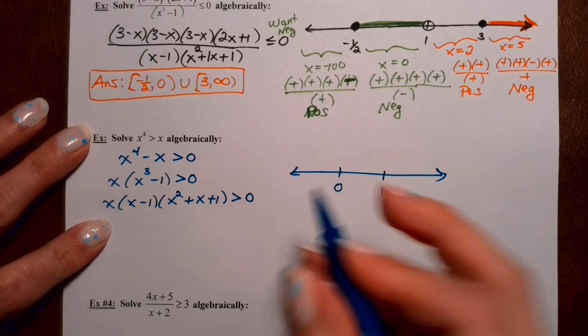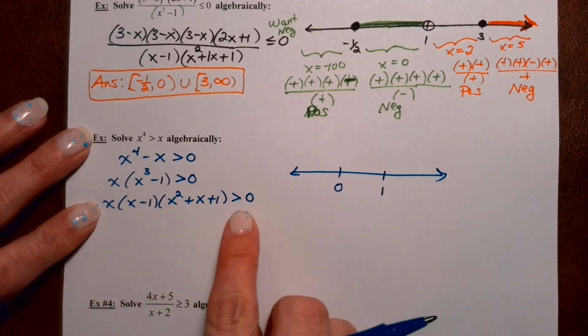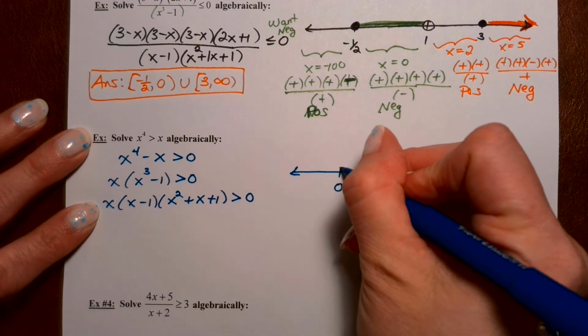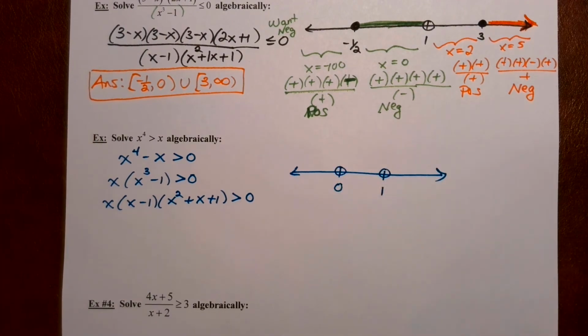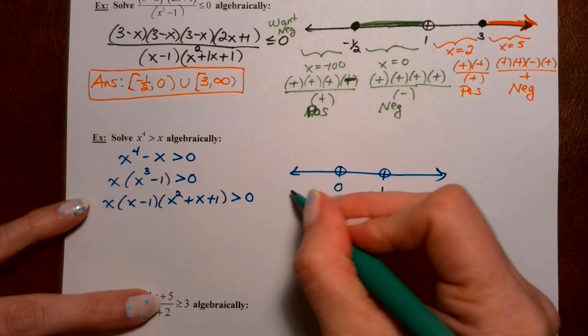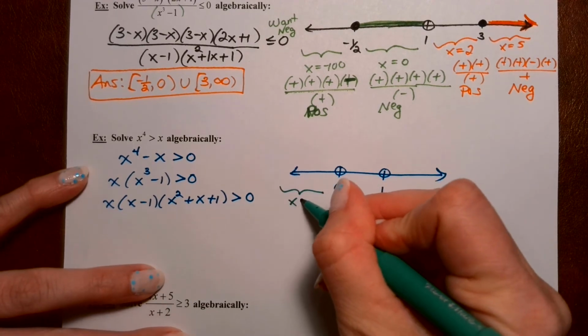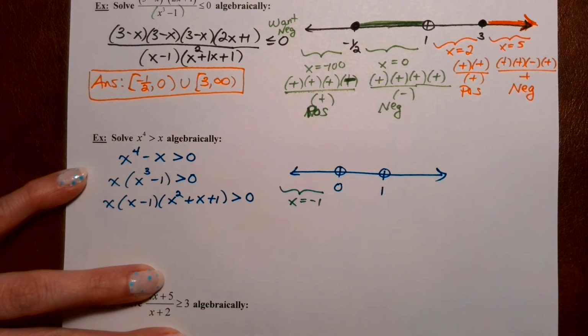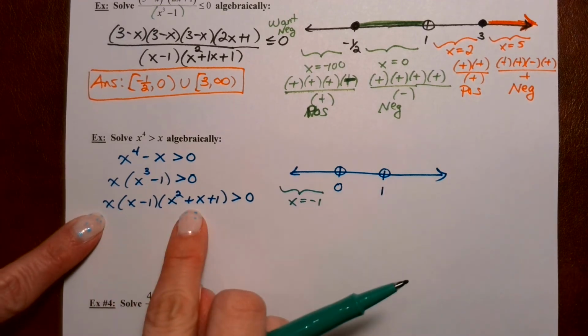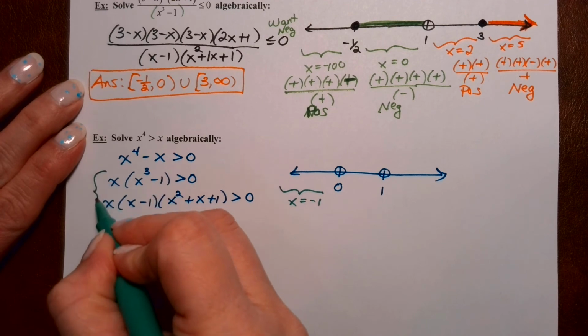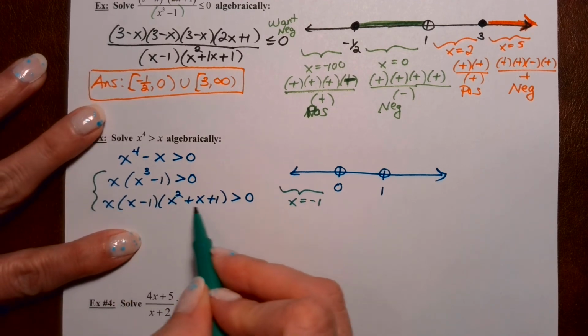Okay. They're all from the numerator, but it says greater than, so I'm going to put some open bubbles. All right, let's go ahead and get testing. This first section right here, I'm going to test negative 1. Okay, now you can put it into either of these lines because they have parentheses.